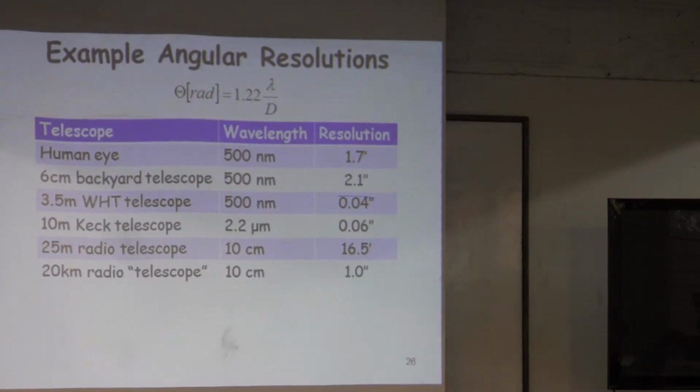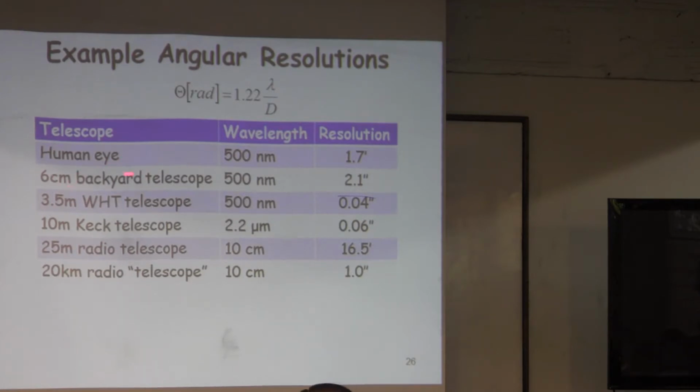Okay, just to show you what this actually means, the angular resolution. Essentially, how large is 1.22 lambda over d for some examples. Now, for the human eye, well, the resolution is about 1.7 arcminutes, but that's not just given by that resolution.